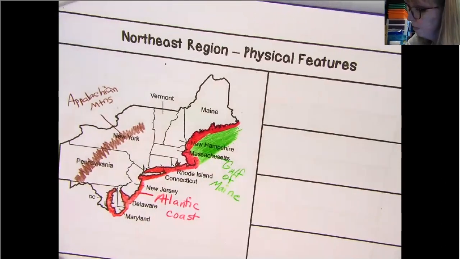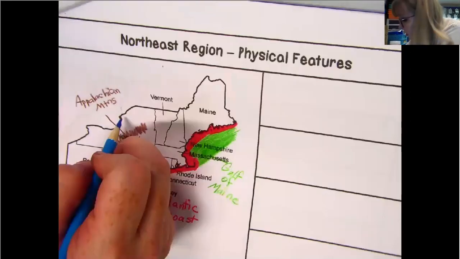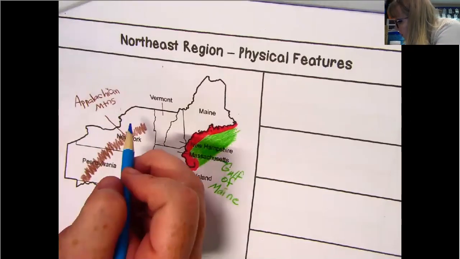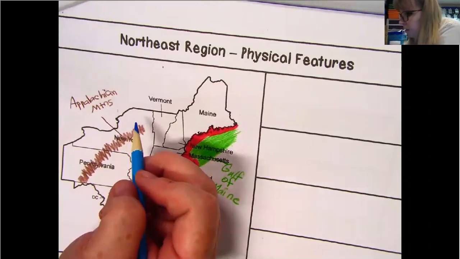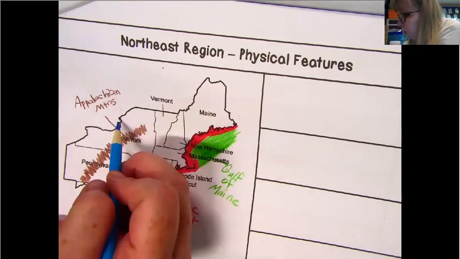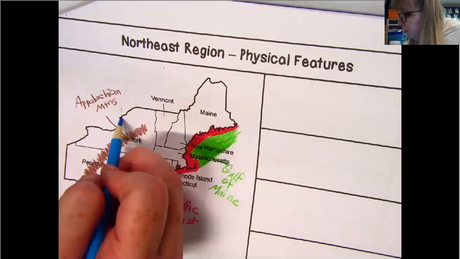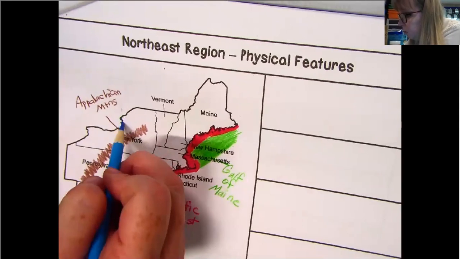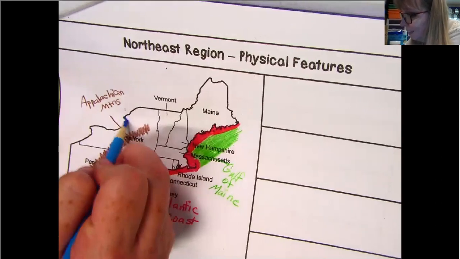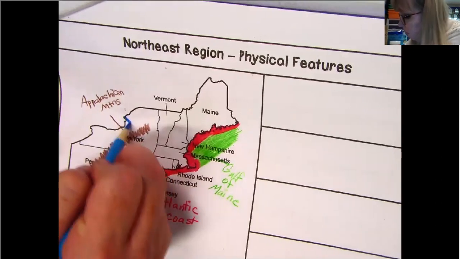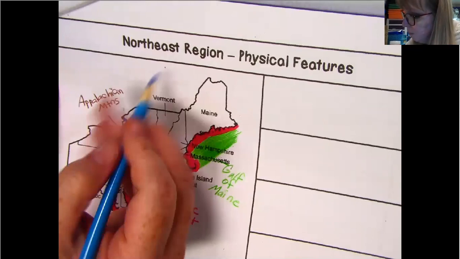Now, see this little hooked area right here? This is where we're going to put Niagara Falls, right here, with the light blue colored pencil. Okay?